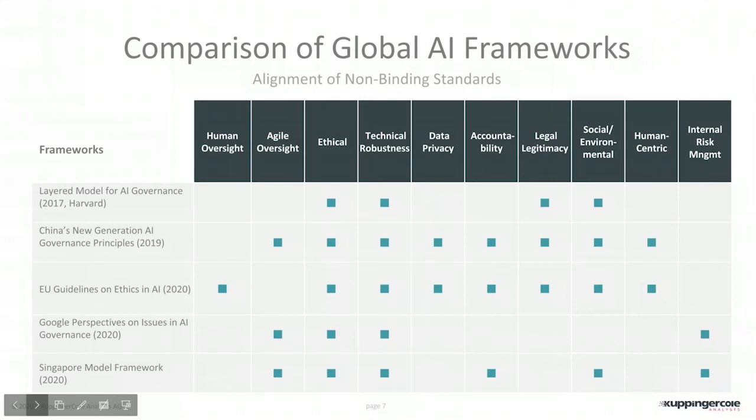It, in my opinion, offers the most practical guidance for companies wanting to develop or procure AI capabilities by translating ethical principles into something actionable that organizations could readily adopt to deploy AI. It also follows more on the side of calling for agile oversight rather than uncompromising on the need for human oversight.